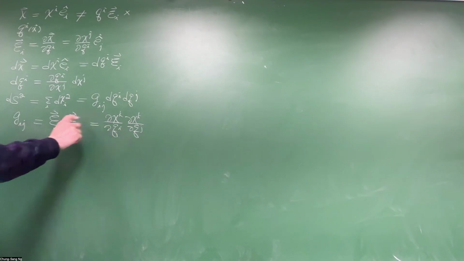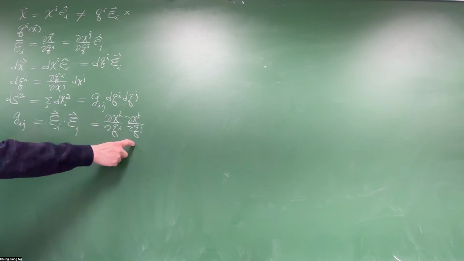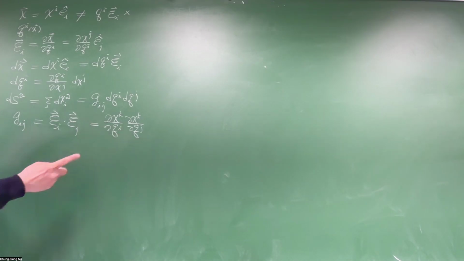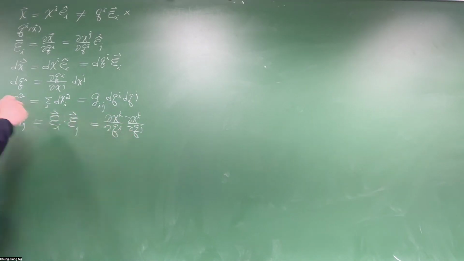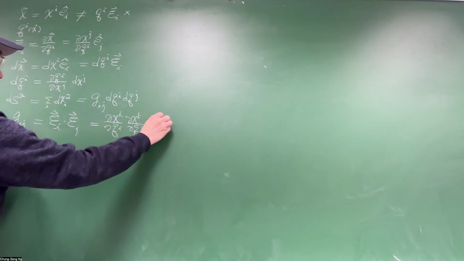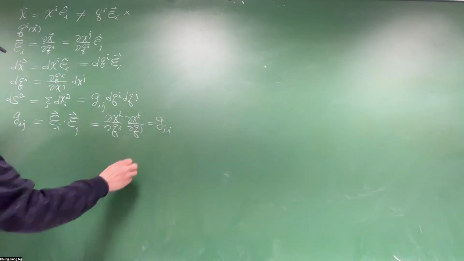Because now after you write it in this form, the order doesn't matter. You can interchange the two. After taking a derivative, these are just numbers, so you can interchange the position. So g_ij is equal to g_ji. So the metric tensor is symmetric. Okay. Now I think last time we stopped here.